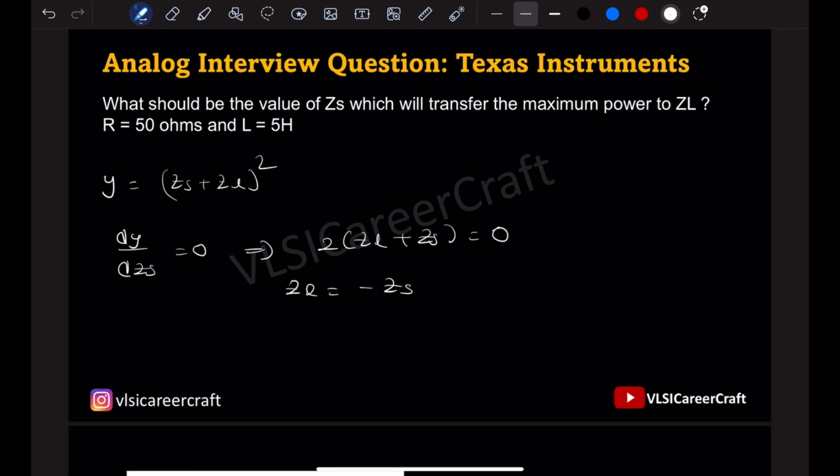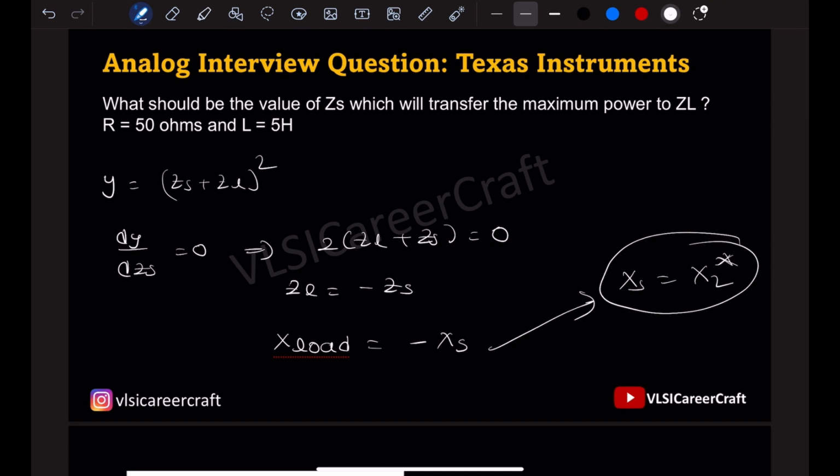So from this we can clearly say that the reactance of the load is the negative of XS, which we intuitively found out as XS being the complex conjugate of XL. So we have verified this question in two methods, intuitively and with simple mathematics as well.